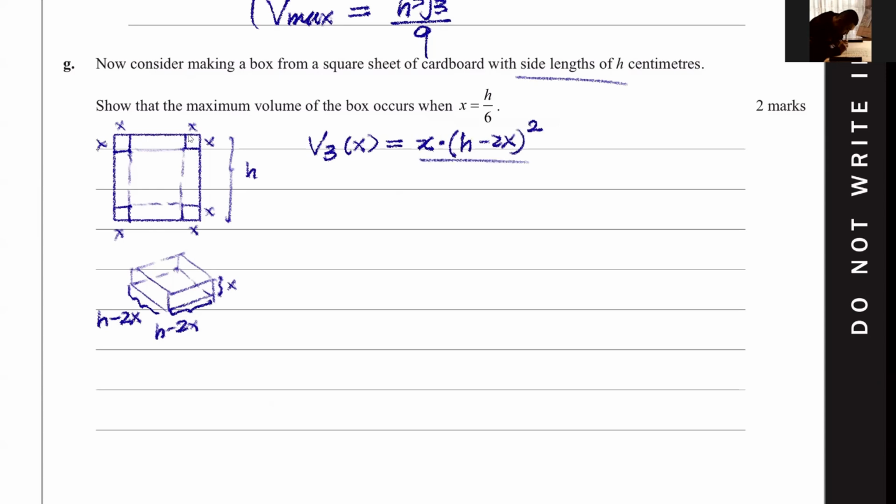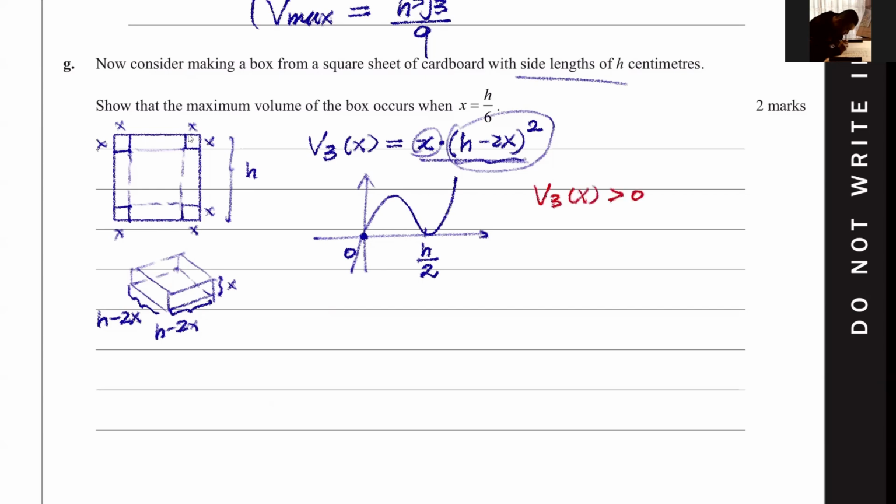Now, it is interesting to look at this cubic function. Linear times square, that's a cubic. Draw a graph. It's cutting through 0 here, and this is a repeated factor. So you have half h here. This is a rough shape without any domain restriction, but because V3(x) must be greater than 0, your x is still between 0 and half h.